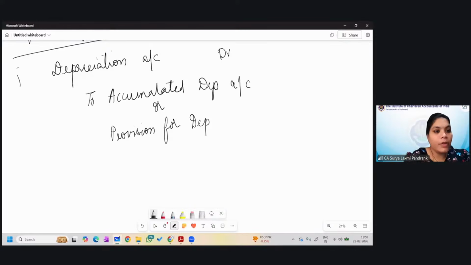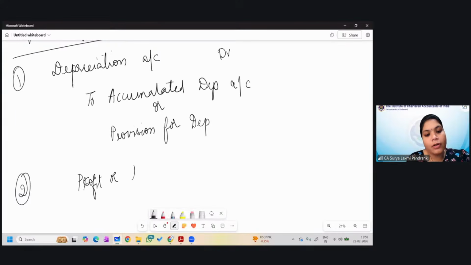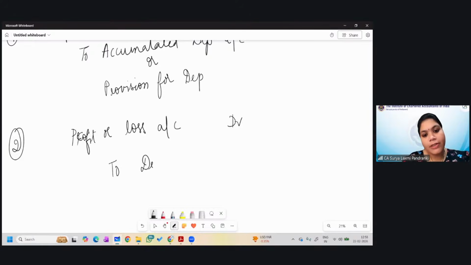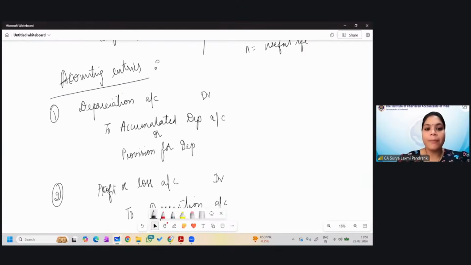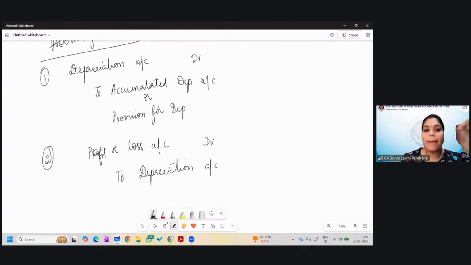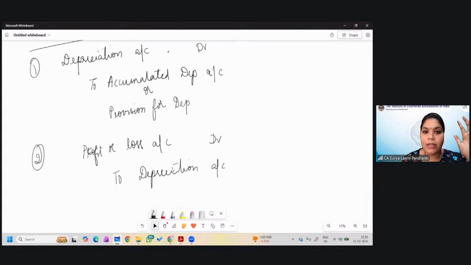This is the first entry. And the second entry is the P&L account, profit or loss account, debit to depreciation. This is one way of providing journal entries. So what happened here? Firstly, you have provided depreciation and you have transferred it to the P&L statement. That is what happened here, right?